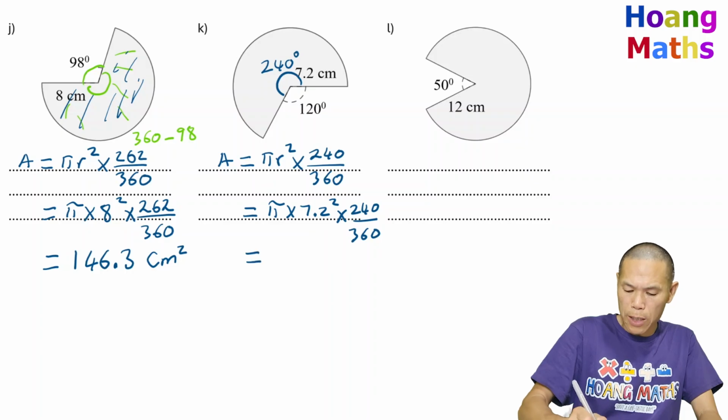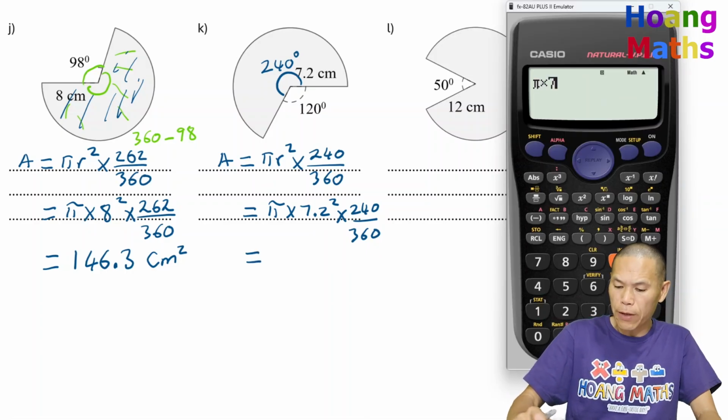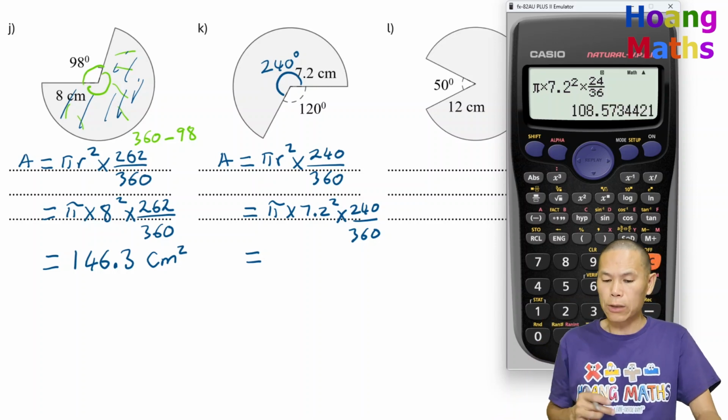And that will give me, shift, pi times 7.2 squared times 240 out of 360. That means 24 out of 360 as well, so we can just cancel the 0.